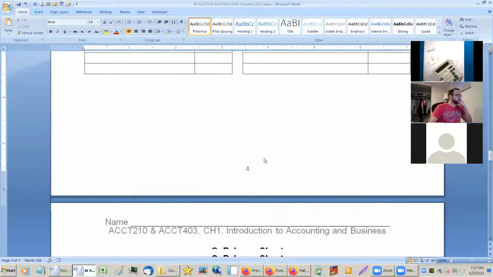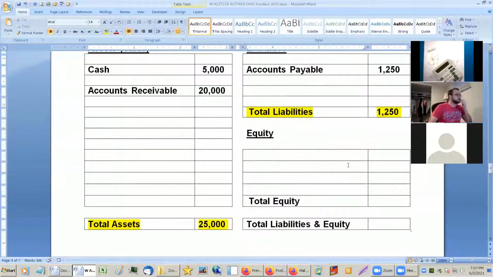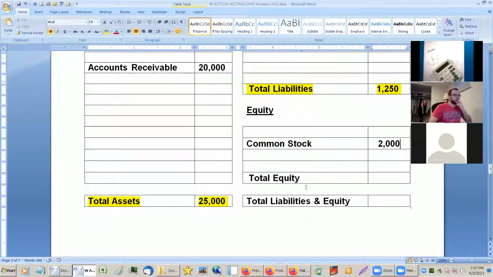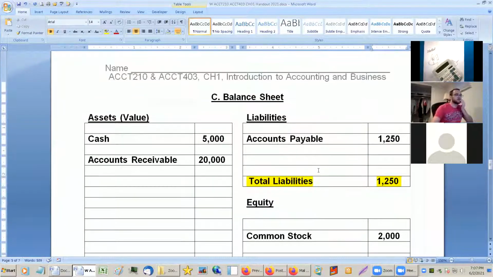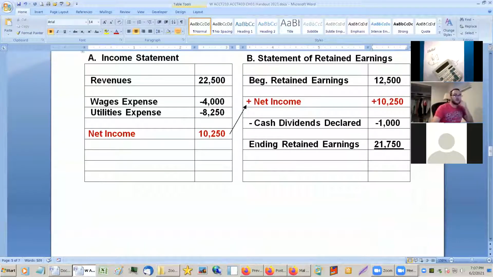And common stock. And what am I missing? The ending retained earnings. Yep, exactly. Again, this is the ending retained earnings.